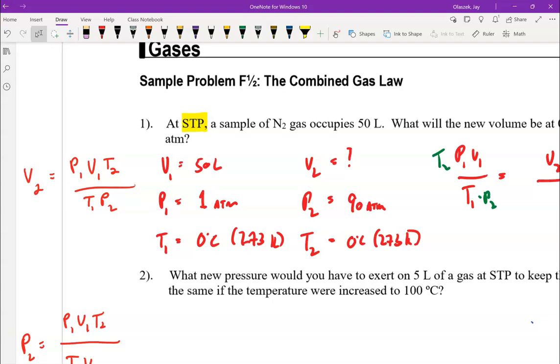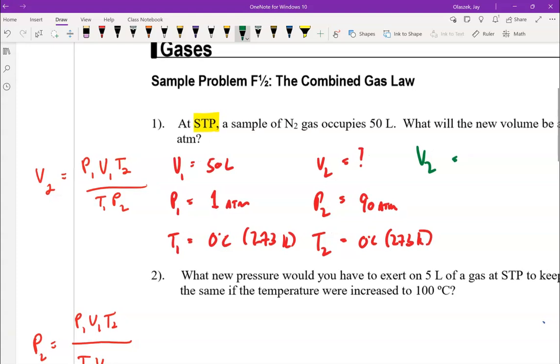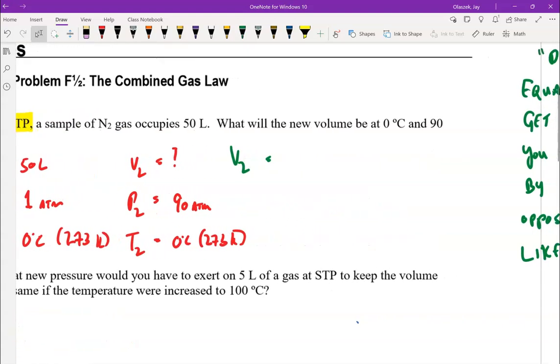So I'm going to show you how I'm going to plug all this stuff in and how the units cancel to get our answer. So we're going to say V2 is equal to P1 V1 T2. P1, 1 atmosphere. V1, 50 liters. T2, it's the same thing as T1, 273 kelvins.